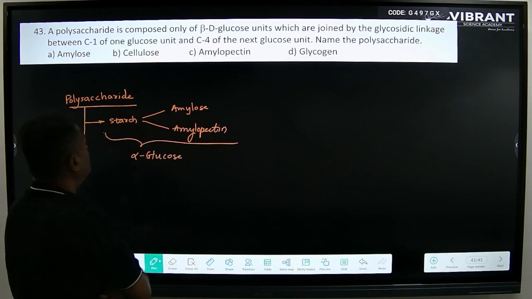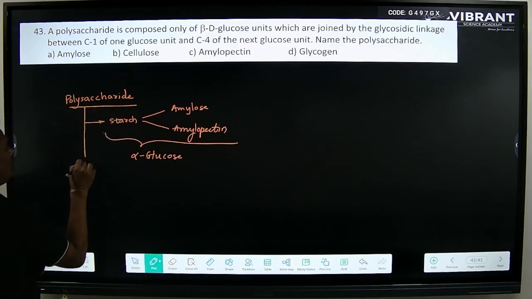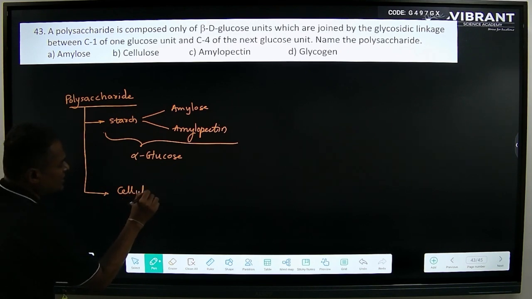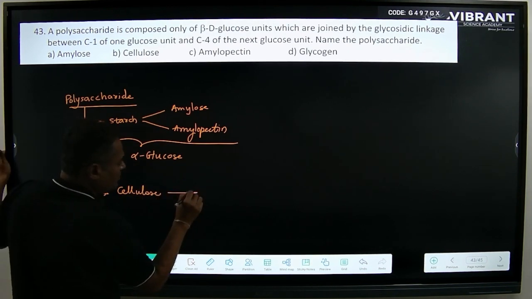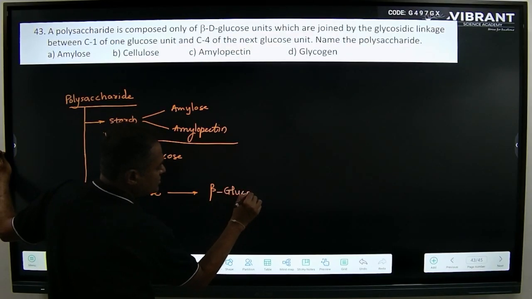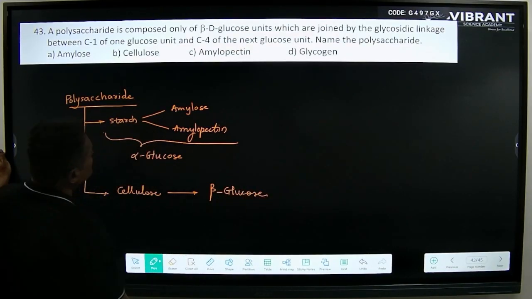Starch is actually a polymer of alpha glucose. Is it clear? Now, the second polysaccharide is cellulose, and we know very clearly that cellulose is a polymer of beta glucose. So, what they have mentioned is correct.